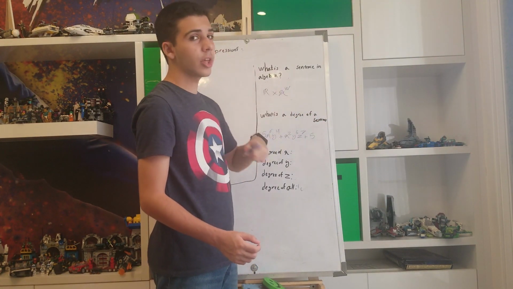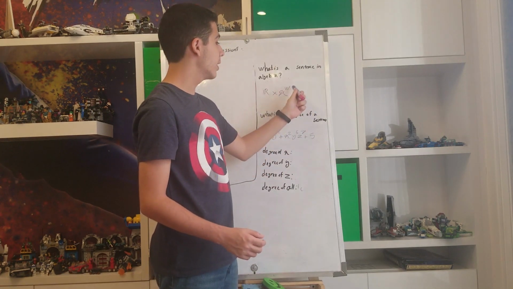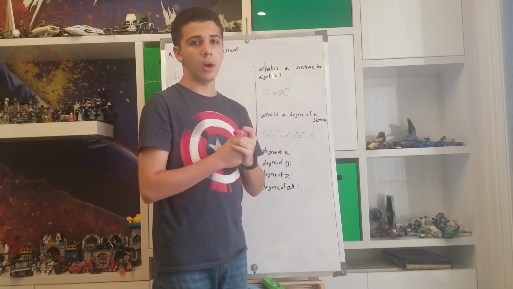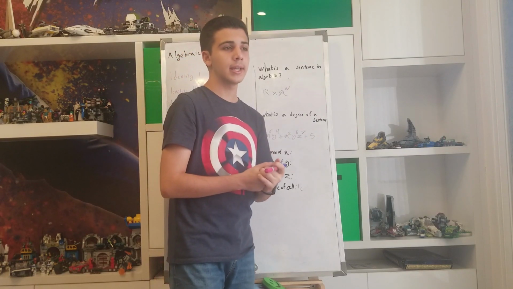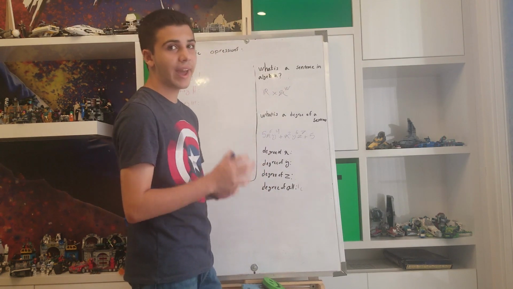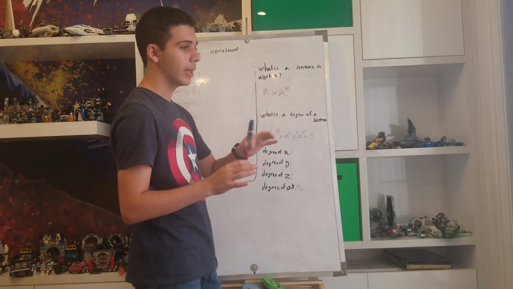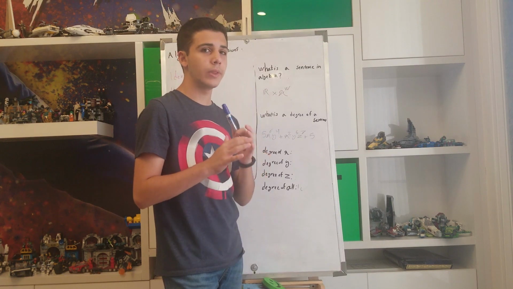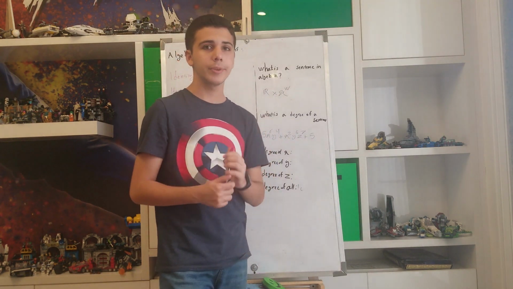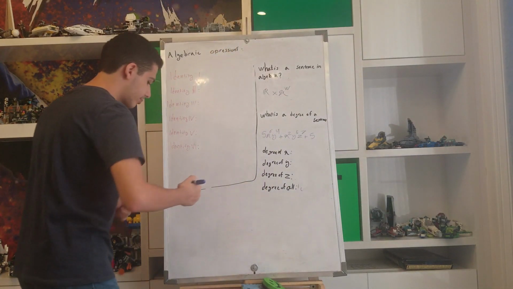Another important thing is that the power that x has needs to be an arithmetic number. So basically that means we won't have any fractions. x will never be our denominator. Now here are some examples.